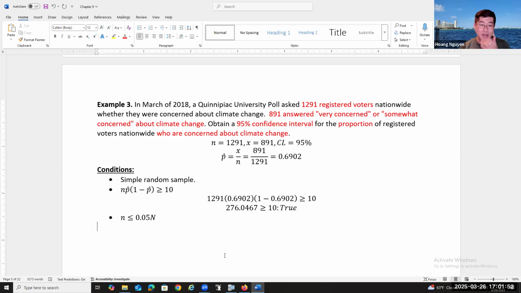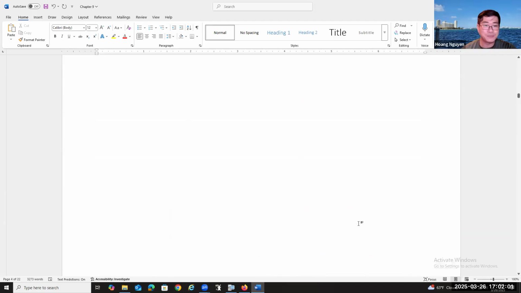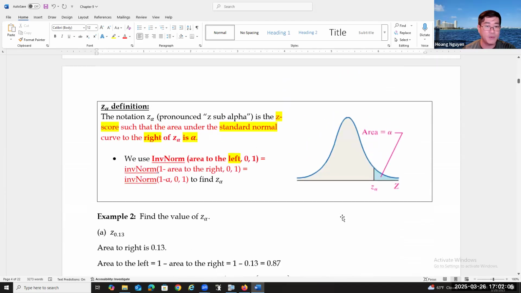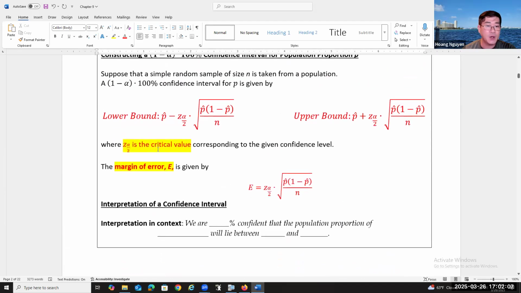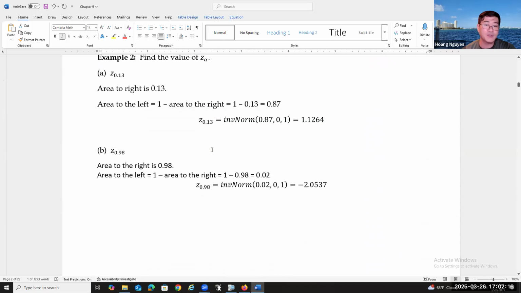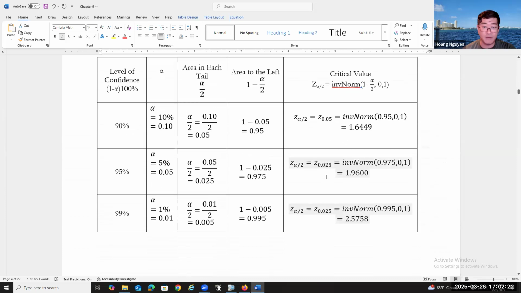Okay, let's keep going, right? So after we check the conditions, now let's move on and calculate the confidence interval. Okay, so let's take a look at the formulas, everyone. Let's see if we are ready for the calculation. So we got the sample proportion p hat, but we don't know the z sub alpha over 2, so you might need to calculate the z sub alpha over 2, or you can use the table that we just completed right here, right? So using the table that we have earlier, we can find out the critical value.